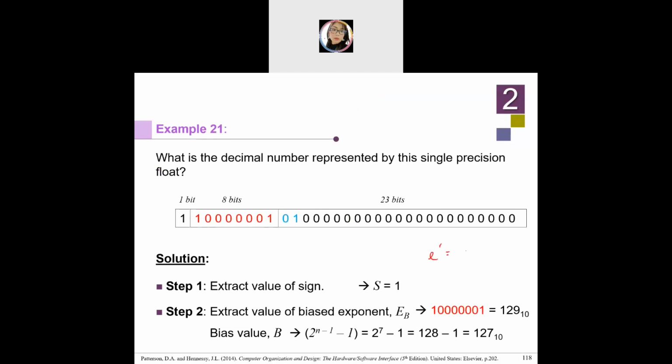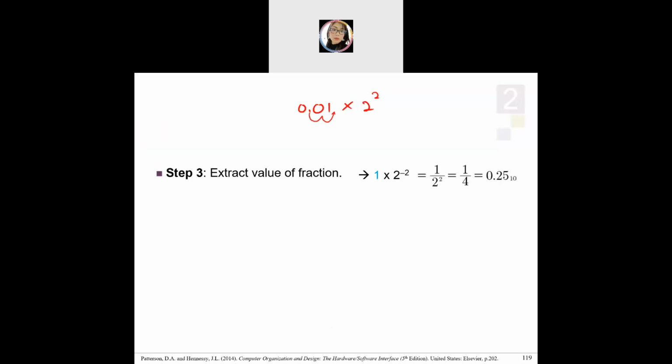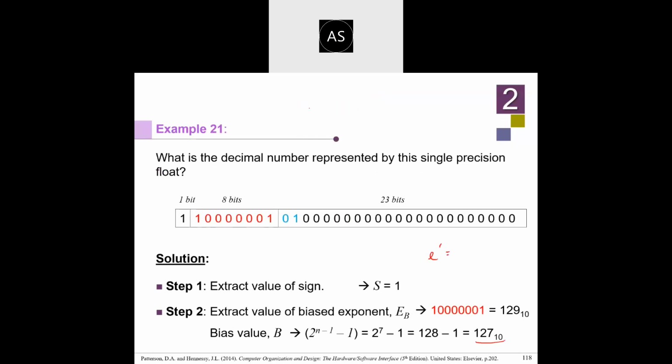E prime is positive. Supposedly we will get 0.01 times to the power of 2. If we want to move it, we move to the right, negative, right?